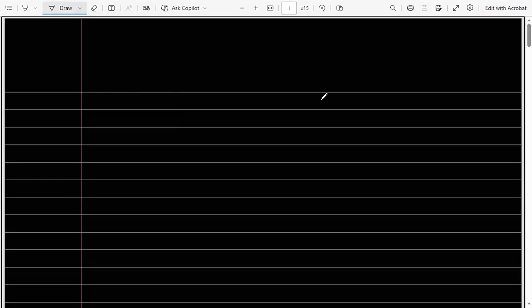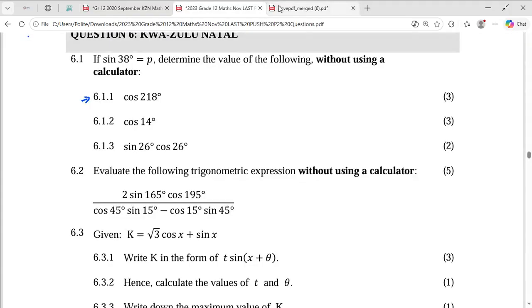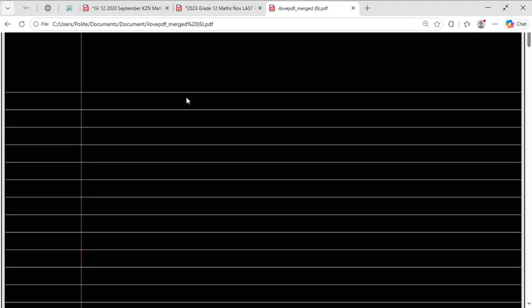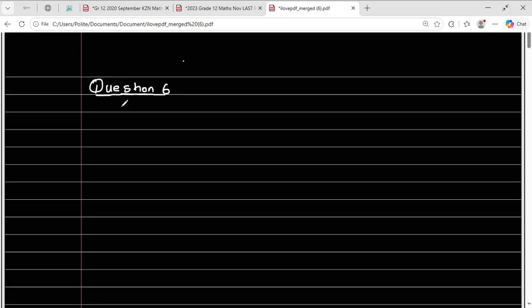This is question 6, okay? So on this question 6, I'm going to first rewrite everything that was given on that side, and then I'll take it from there, okay?